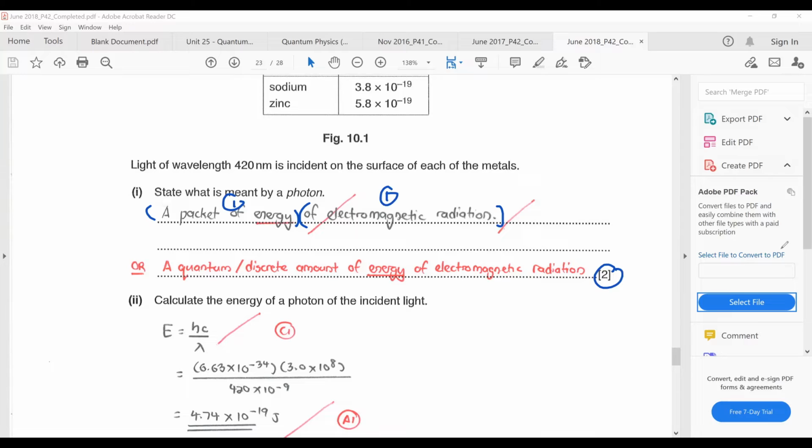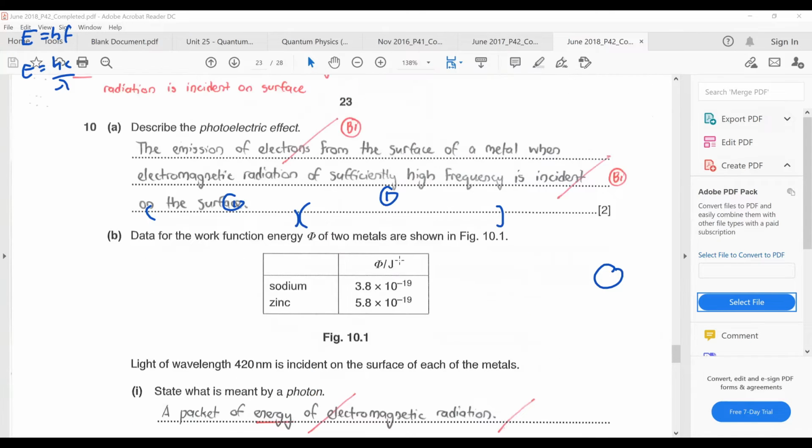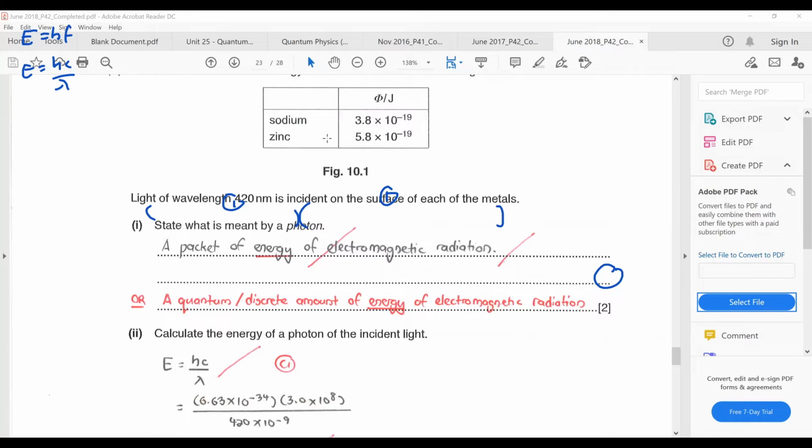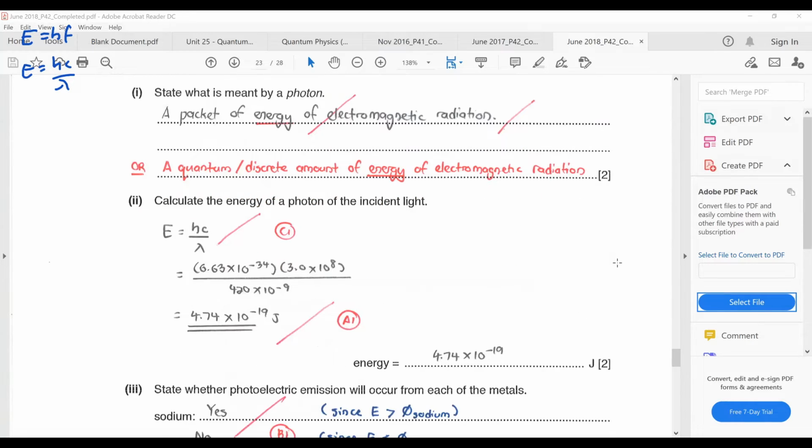Then after that, calculate the energy of a photon of the incident light. E is hf, or E is hc over lambda. So for the energy of a photon of incident light, they've already told you it is 420 nanometer. Just calculate it out. Hc over lambda, you get 4.74 times 10 power minus 19 joules.